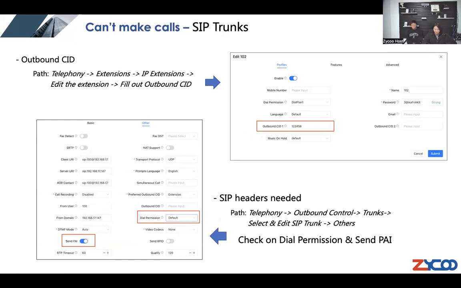All this cause analysis here is based on the assumption that we have everything set up correctly. What I mean is we have the extension number, we created the correct dial rules and the correct dial permissions, and we have a SIP trunk that is workable, and under all these circumstances you still cannot make the call.